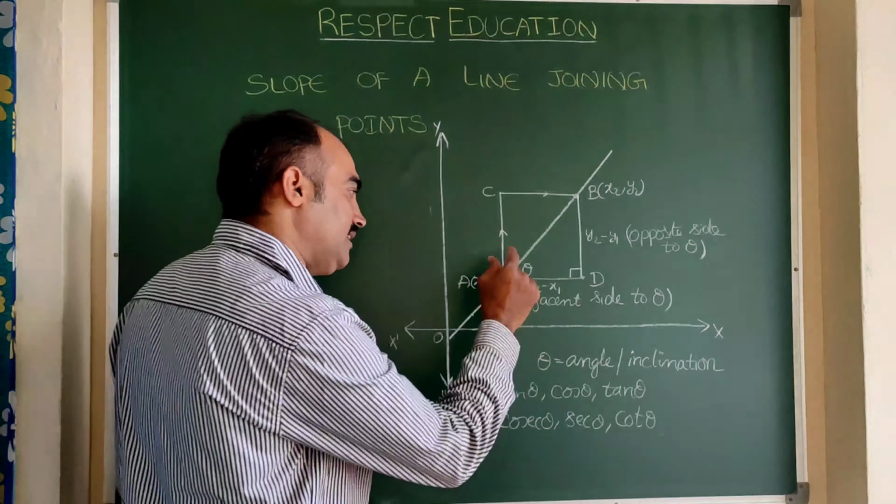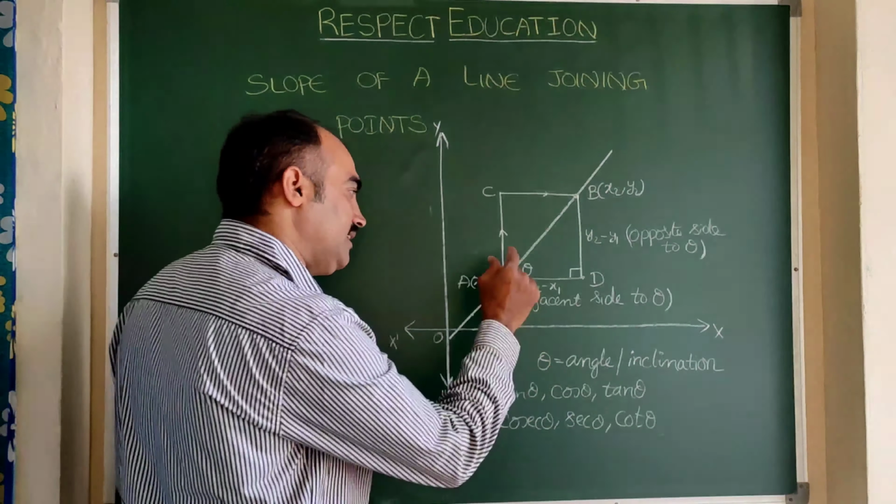Clear? Now earlier we have seen that the slope of the line joining AB is denoted by small m. So slope m is equal to, as we have seen earlier, the climbing distance y2 minus y1 by the catching distance x2 minus x1.